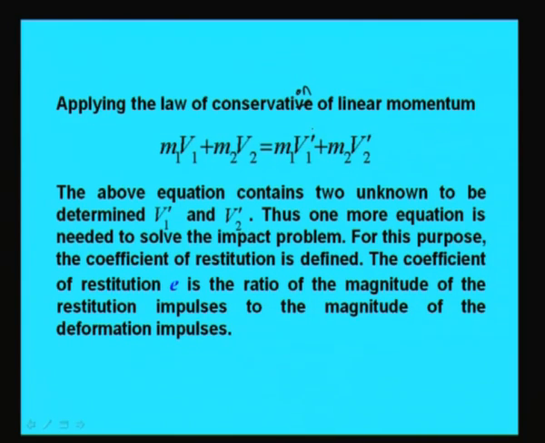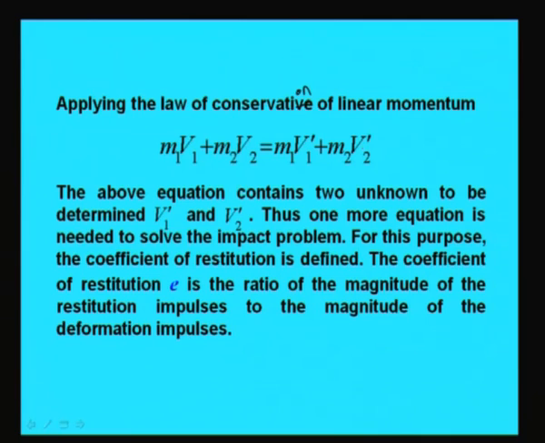We are not considering the small duration when the bodies are touching each other or moving with the common velocity, only well before the impact and well after the impact. So we get the equation m1 v1 plus m2 v2 equals m1 v1 prime plus m2 v2 prime.